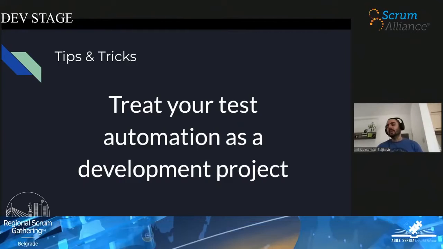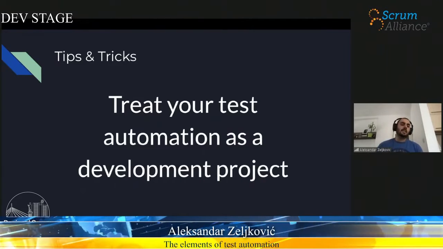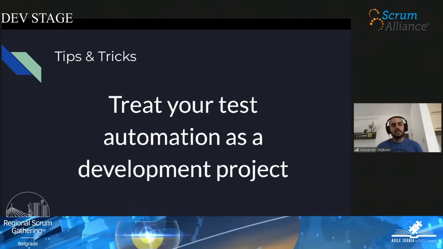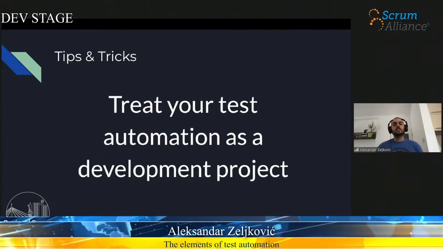You will have fails, false alerts, you will get frustrated, and you will again have to invest some money and effort to fix that. So it is much better to start implementation of test automation in a proper way from day one.